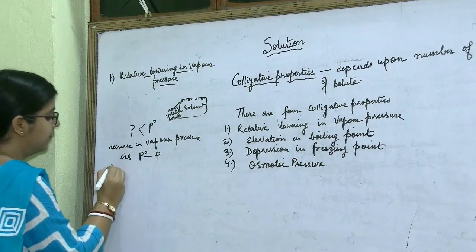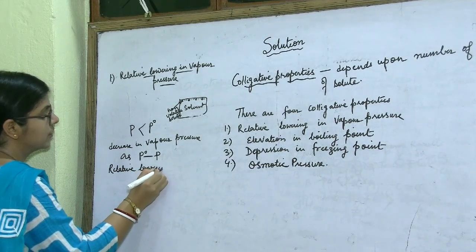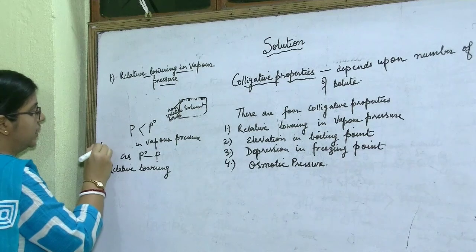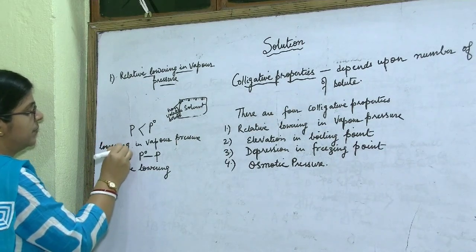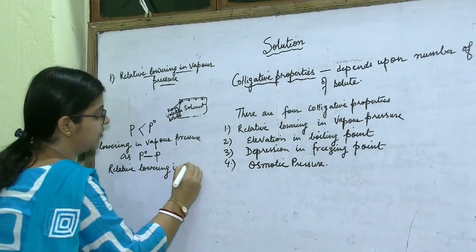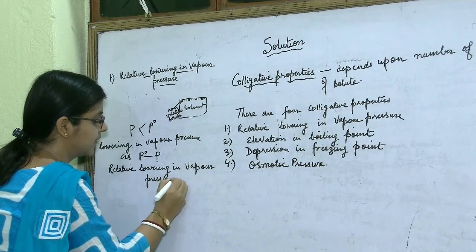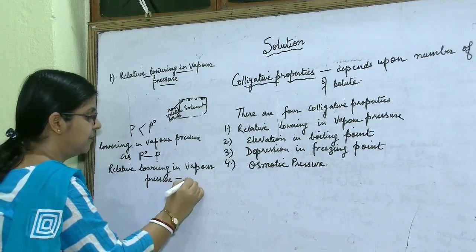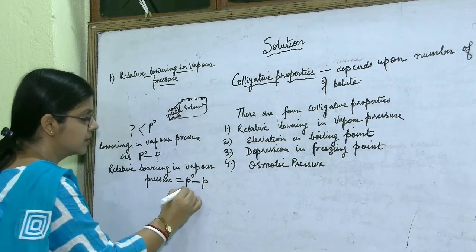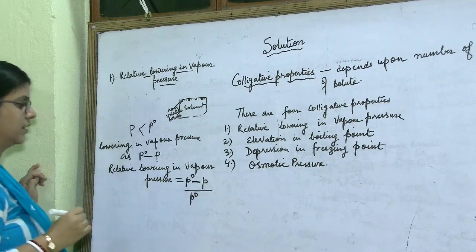Now, the lowering in vapor pressure will be equal to P naught minus P. Then the relative lowering in vapor pressure will be equal to the vapor pressure of pure solvent minus the vapor pressure of the solution, divided by the vapor pressure of the pure solvent.